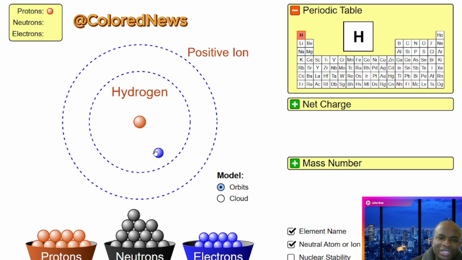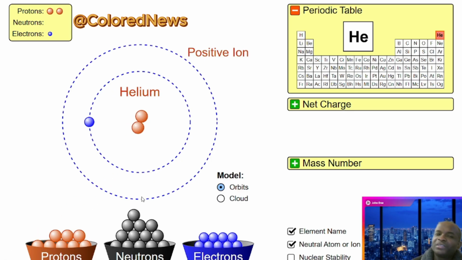If I try to pull this electron and put it in the middle, it goes back to stay around the shell. Protons love the nucleus of the atom, and the same thing with neutrons, they like to stay in the middle. Electrons do not love to stay in the middle.